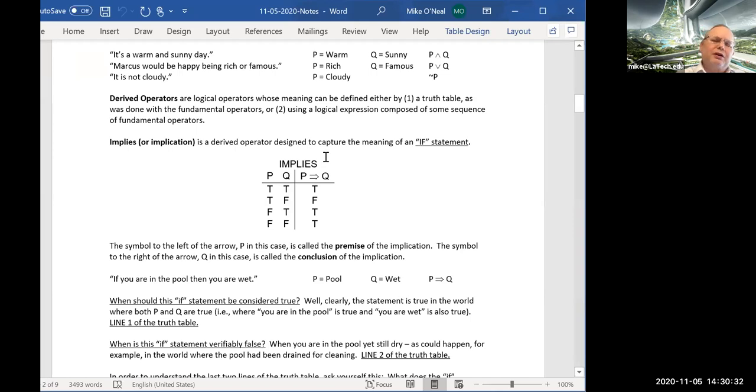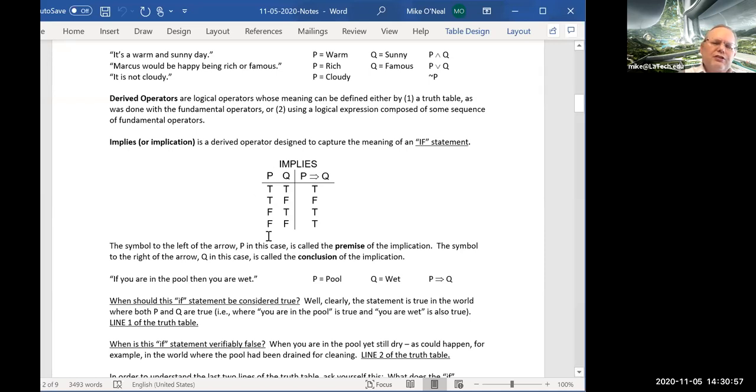The next question ought to be, okay, Mike, this table defines this operator that you're calling implies, but as a human being who uses language and has for many decades, I have an understanding of what implication means. I understand what an if statement is.